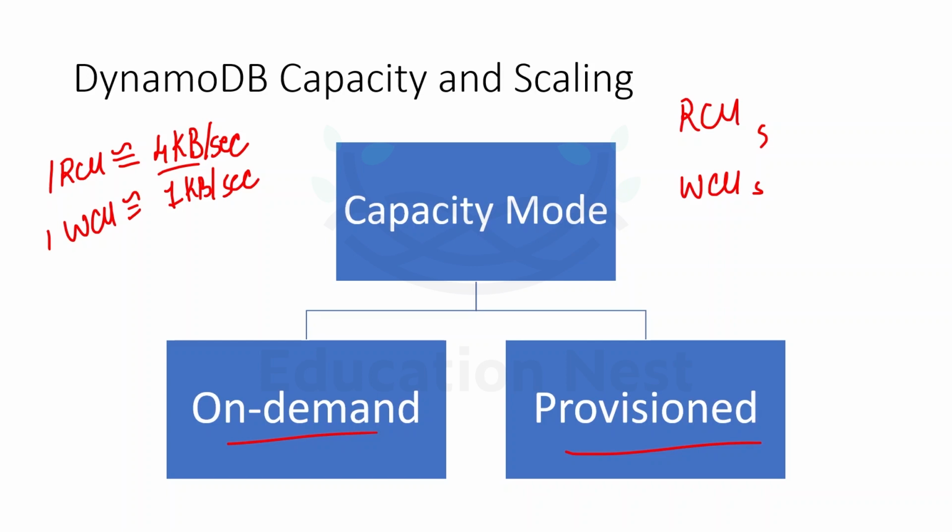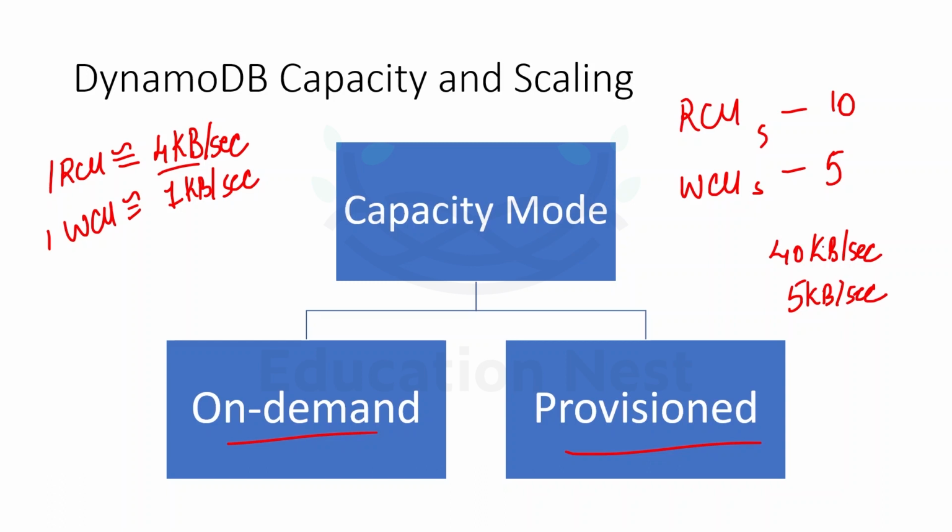So let's suppose that I have provisioned my table with 10 RCUs and 5 WCUs. That means that I can read 40 KB of data per second and I can write 5 KB of data per second in my table.